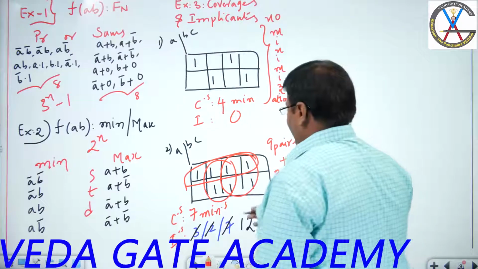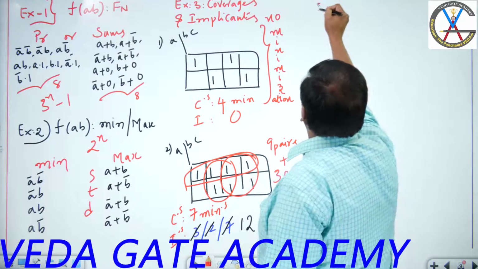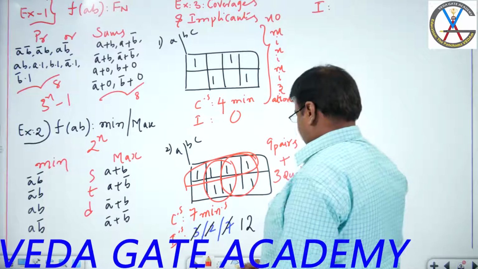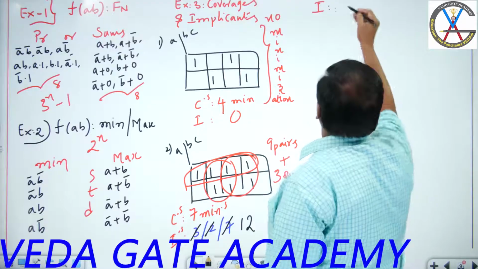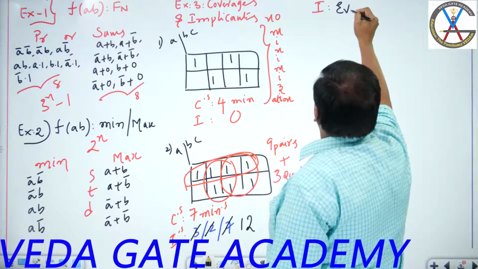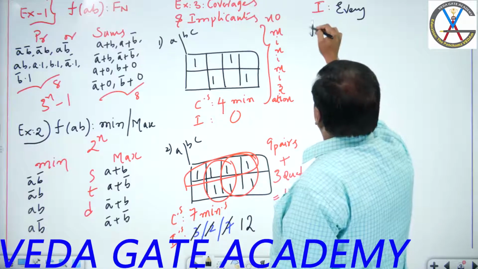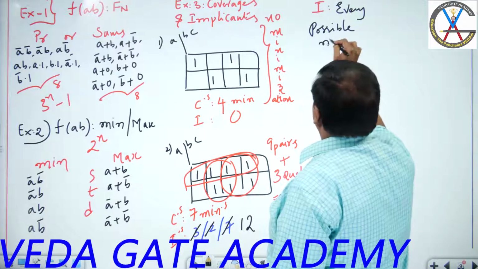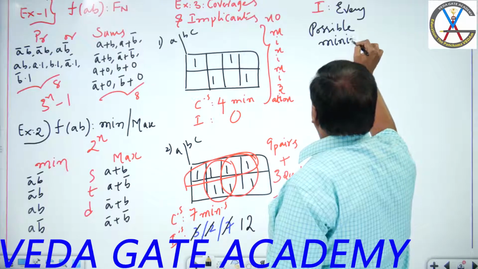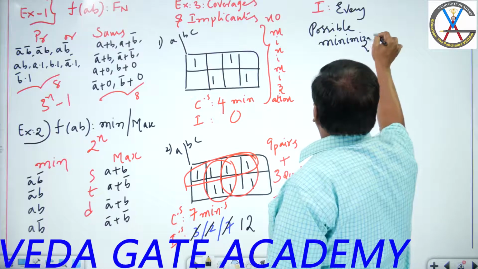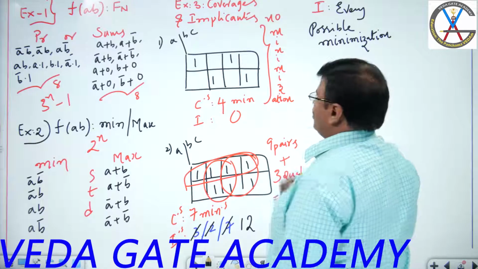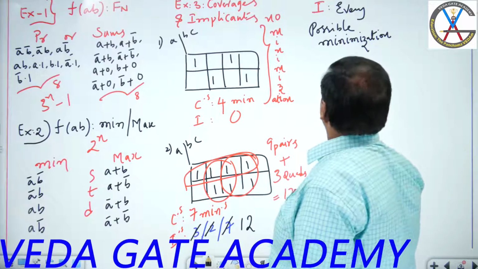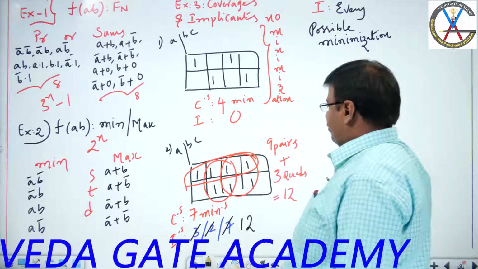So I'm just here making implicant is every possible minimization. Now, let me give you the next example to go with prime and E-prime implicants.